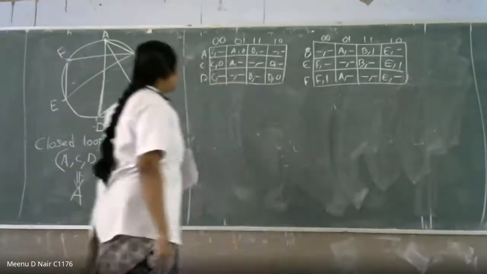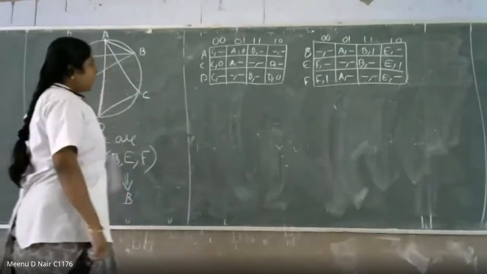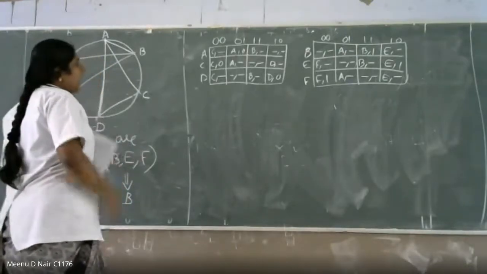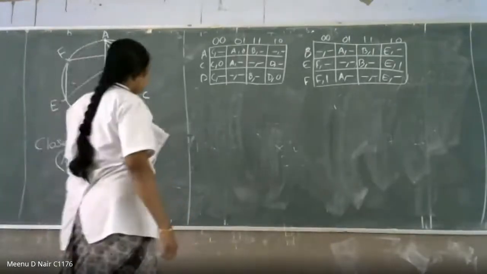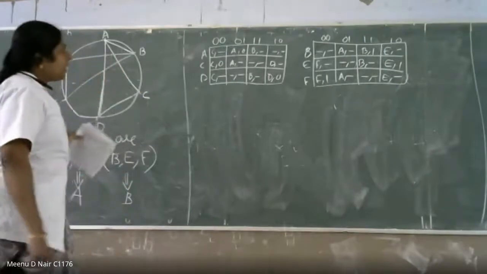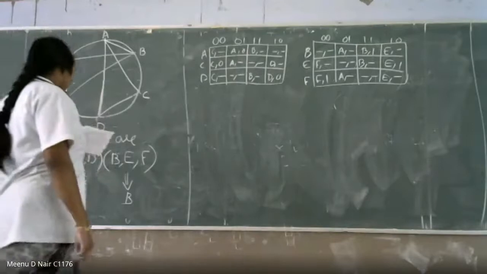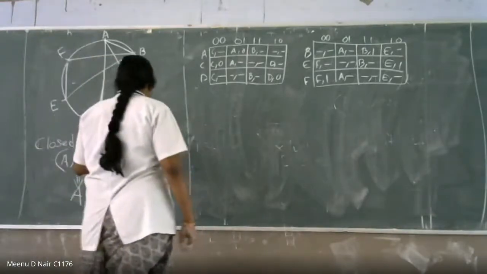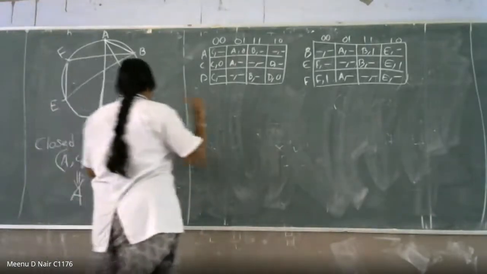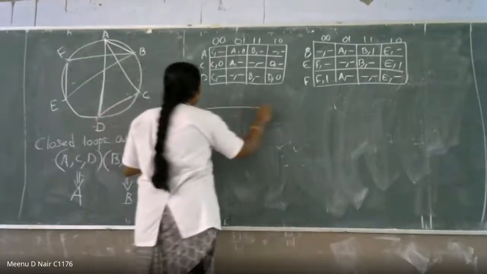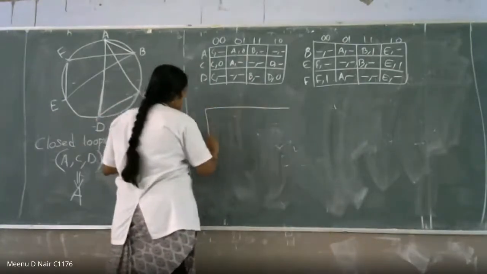Okay. So what we have told is we can replace A, C, D with A itself and B, E, F with B. So how are you going to draw this one? We are merging the states A, C, D together.